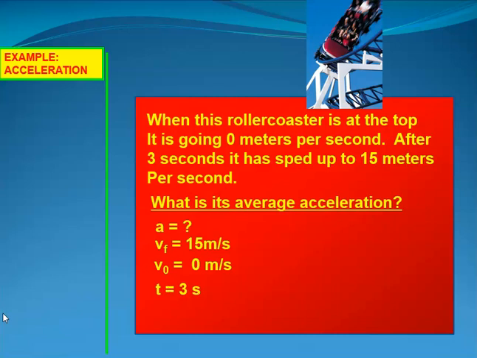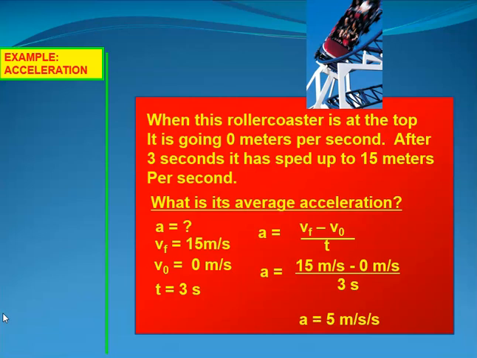So you have a formula, you would find this on your formula sheet, that is a equals Vf minus V0 over t, and this is just a simple plug in the numbers problem. So it would be 15 minus 0 over 3 seconds, or that would be an acceleration of 5 meters per second squared. So think about it. At 0 seconds, it's going 0 meters per second.